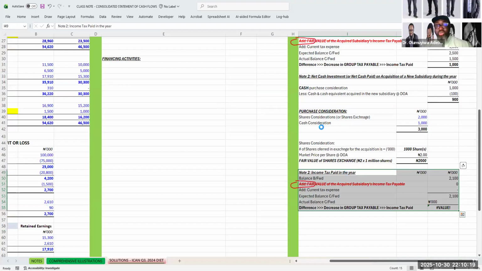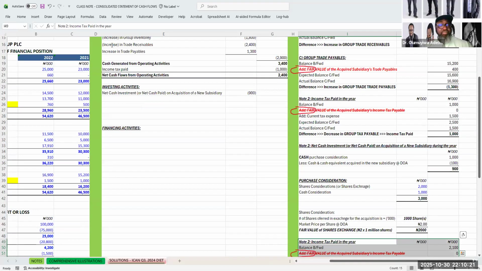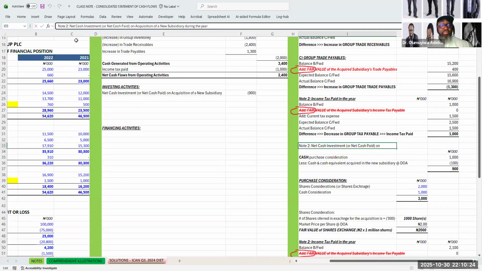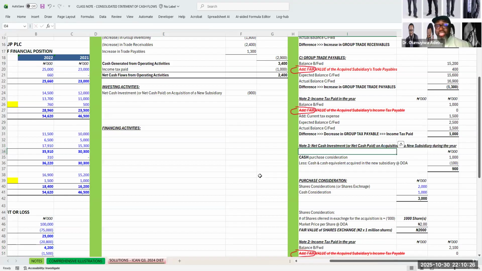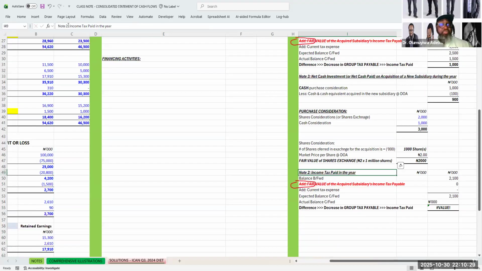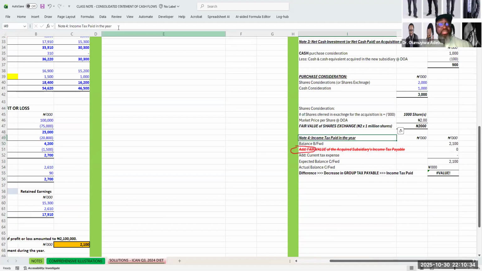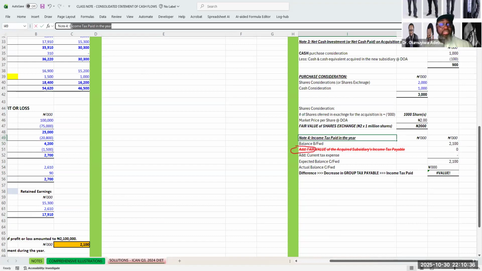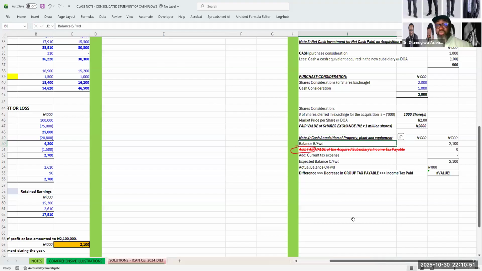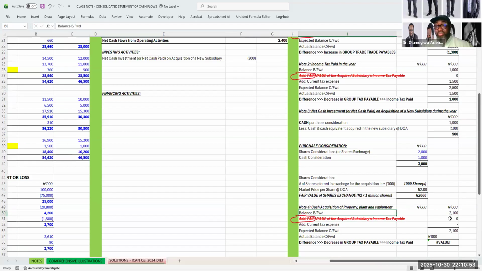Therefore, this note 3, let us now have note 4. Note 4 will now be cash acquisition of property, plant, and equipment. What is our balance brought forward?